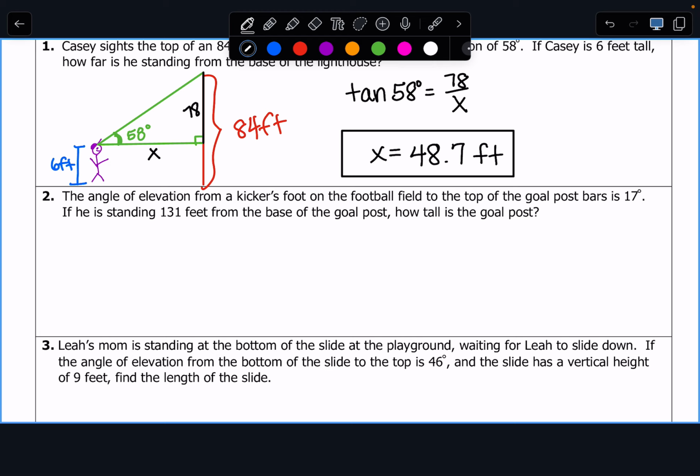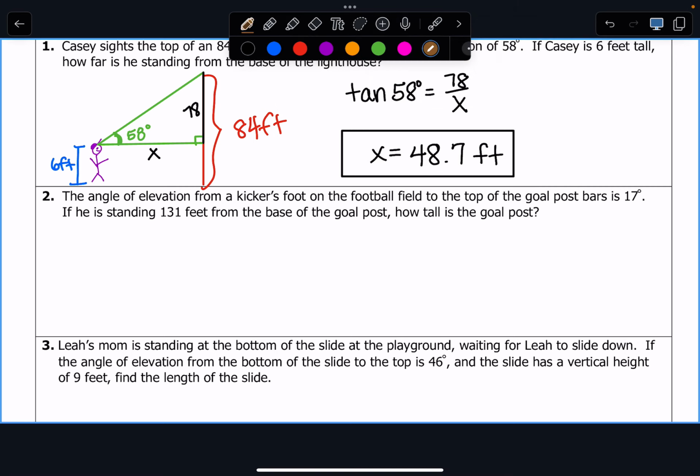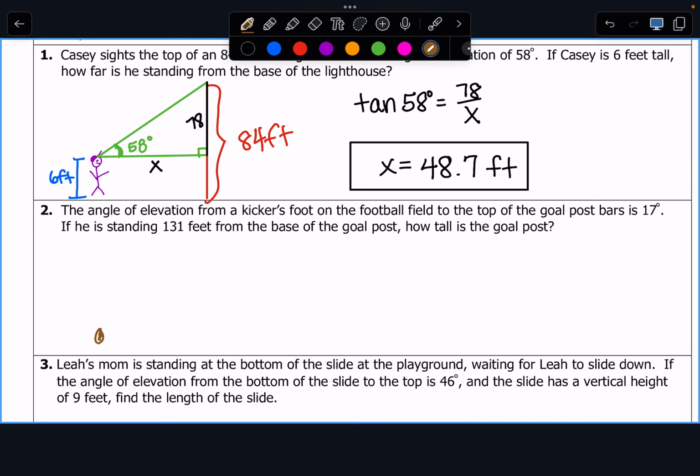All right, so let's look at your picture. So we have a kicker kicking a football. Okay, there's my football. He is standing 131 feet from the base of the goalpost.